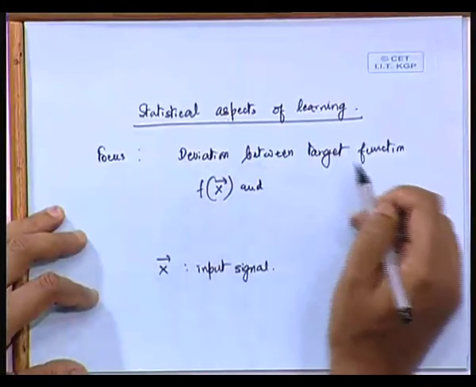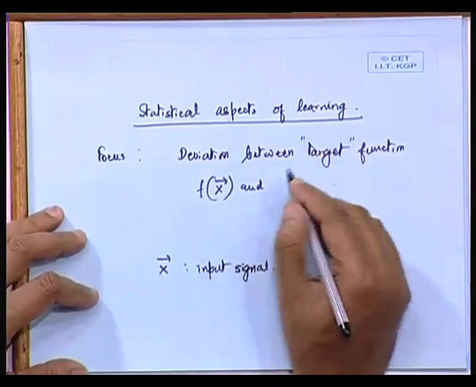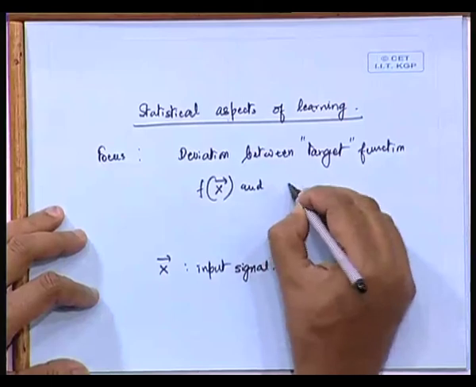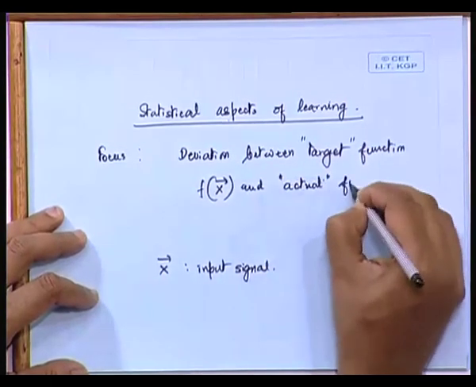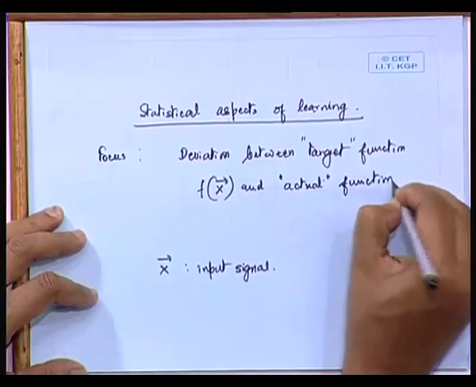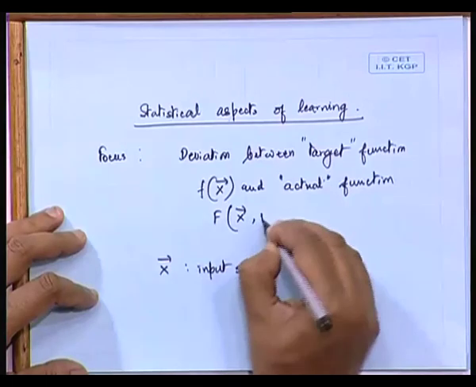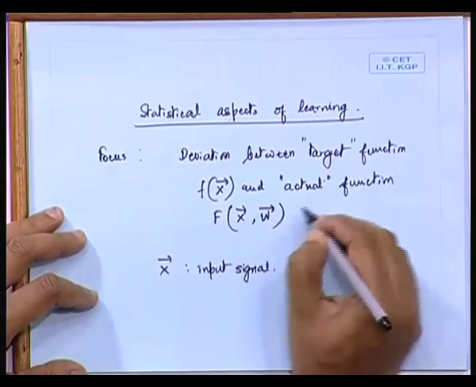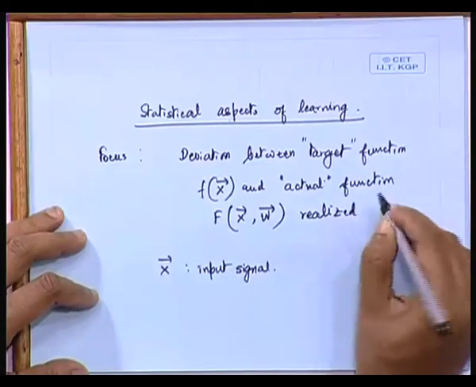So, we are interested now in finding out the deviation between the target function, which is f of x, and the actual function, which is going to be f of x vector comma w vector, which is realized by the neural network.